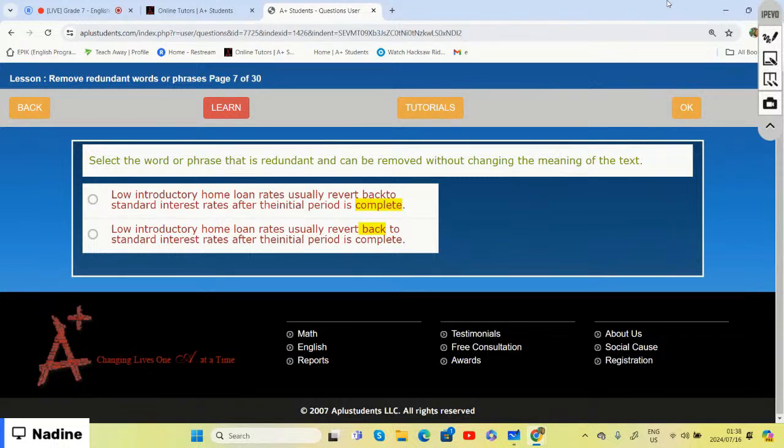It says low introductory home loan rates usually revert back to standard interest rates after the annual period is complete. Or we can say option two, it is reverted back to standard interest rates after their.